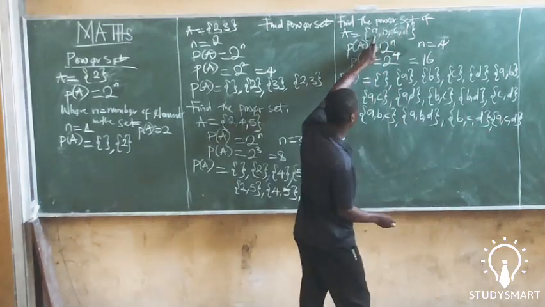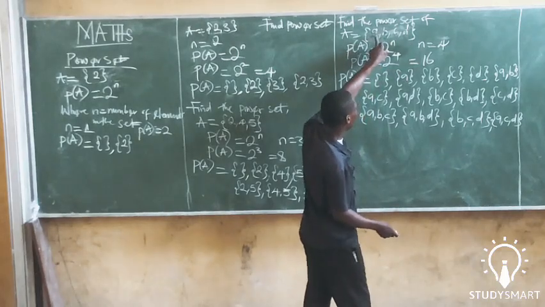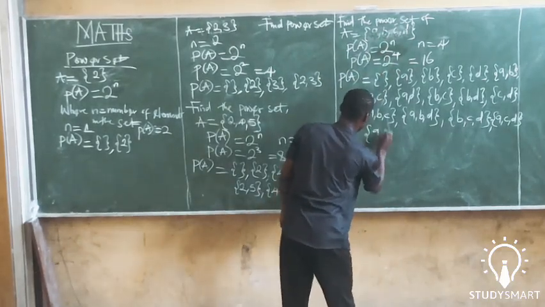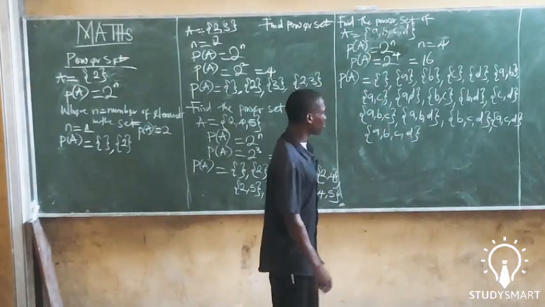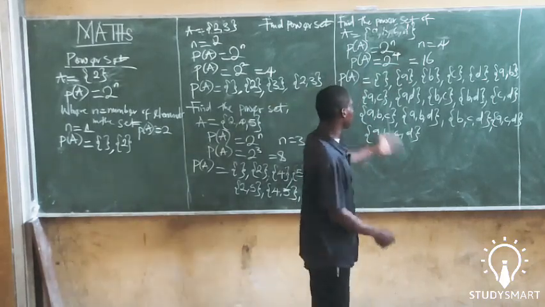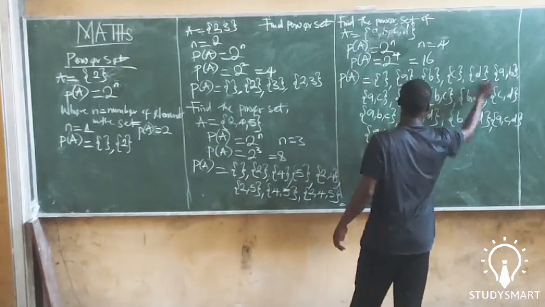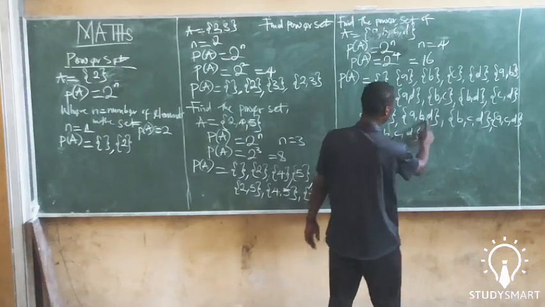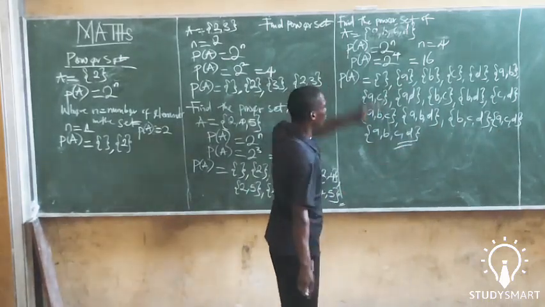And then lastly, we are going to have A, B, C, and D. So if you count the number of subsets here, it should be 16, which satisfies the power set law. So this is 1, 2, 3, up to 16. So that is the answer to this problem.